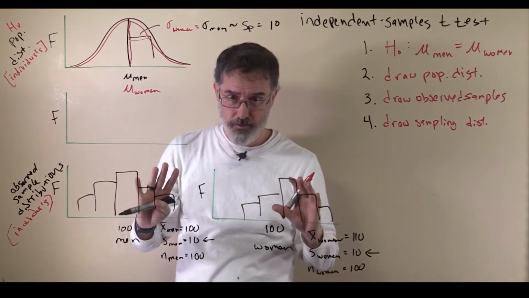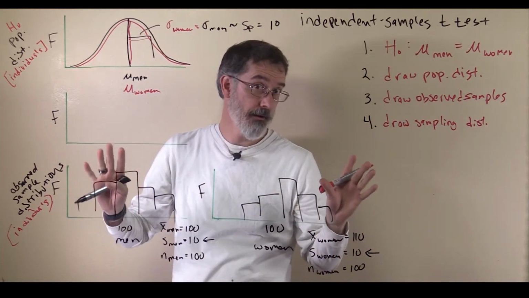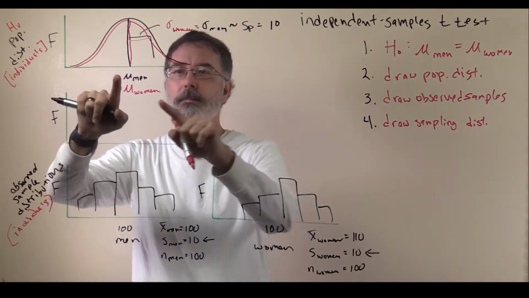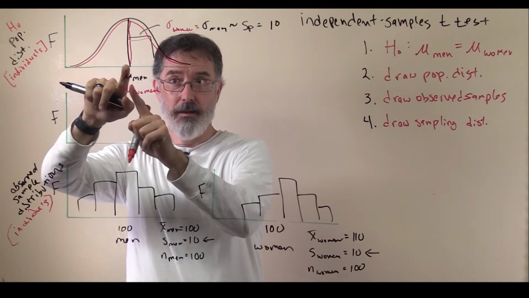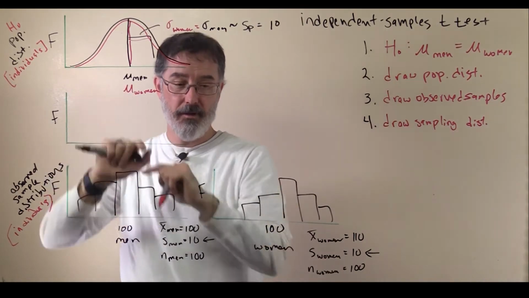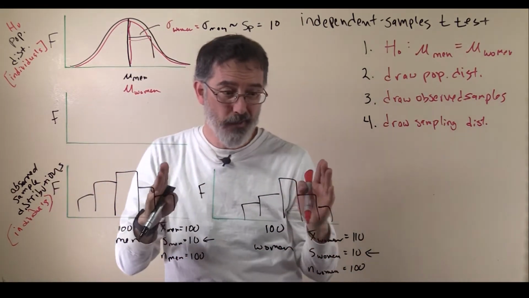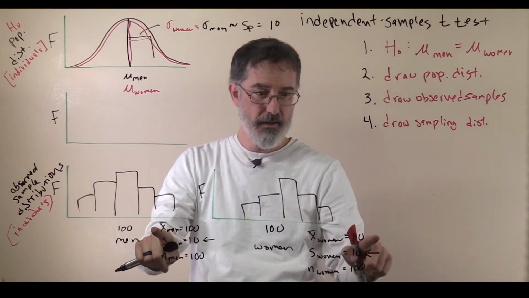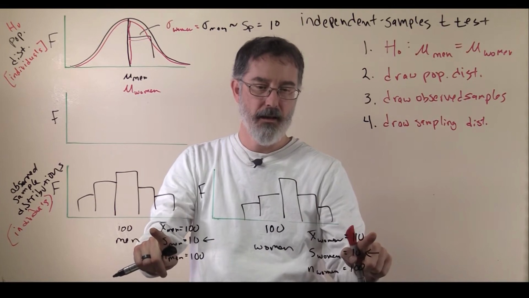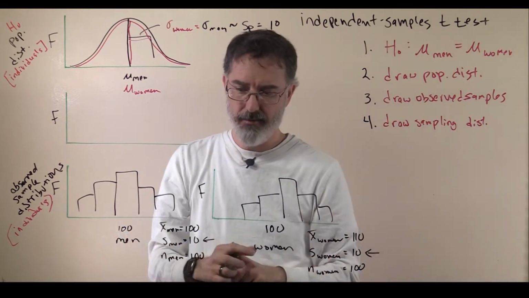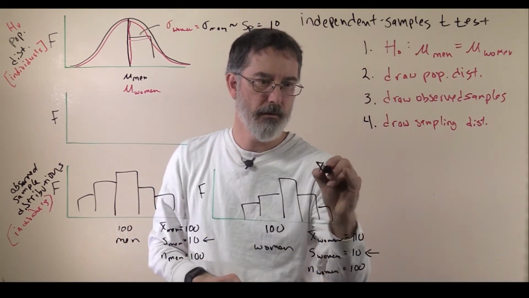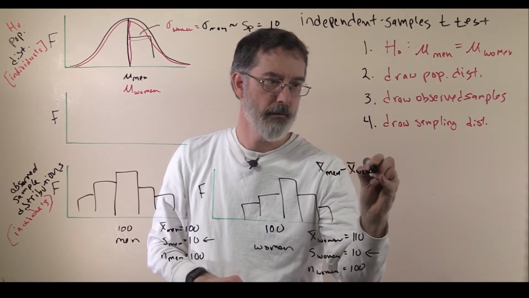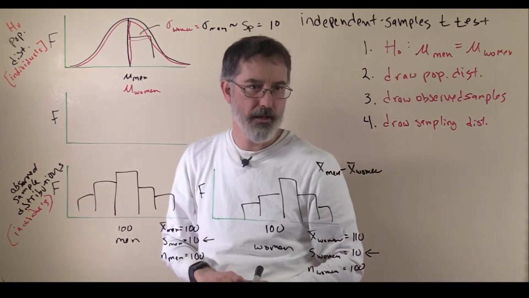So what we're trying to figure out with our independent samples t-test is if men and women have the exact same means as each other at the population level. And what we have for our observation is a sample mean for men and a sample mean for women. So what we can do is we can calculate the difference between those 2. The difference between those 2 sample means.